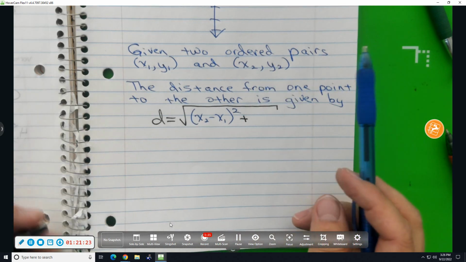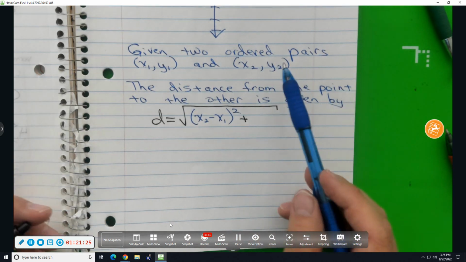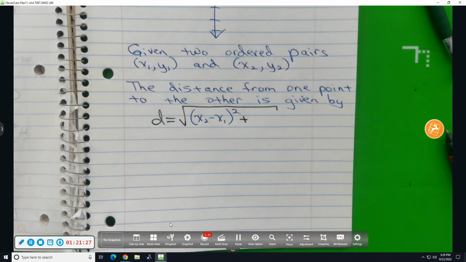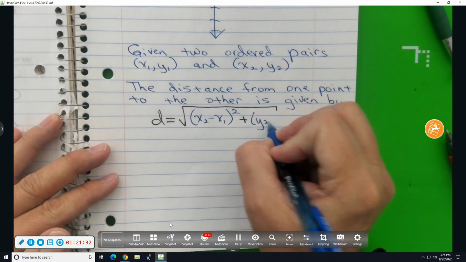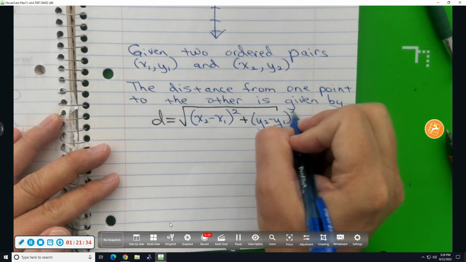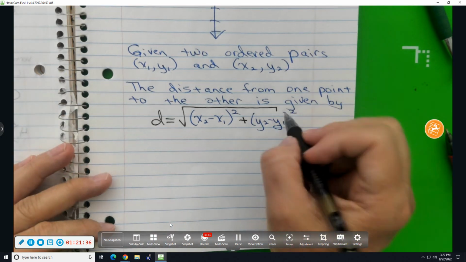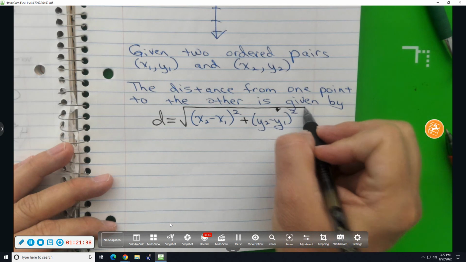The order in which you subtract them doesn't matter, but I always start with the second ordered pair. That's the standard statement for the formula. Y sub 2 minus y sub 1 squared. That's all under the square root symbol.